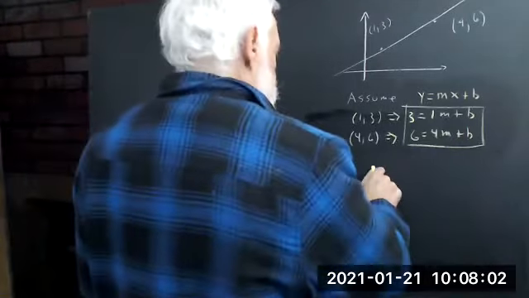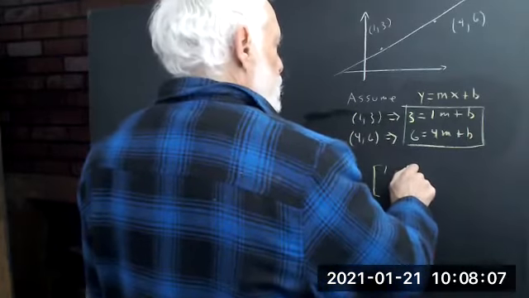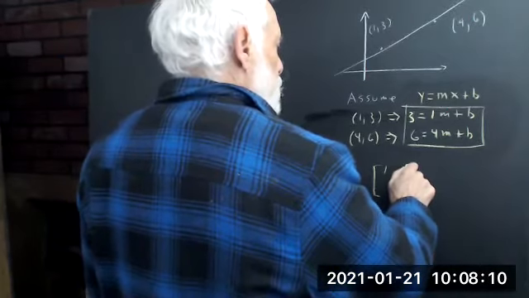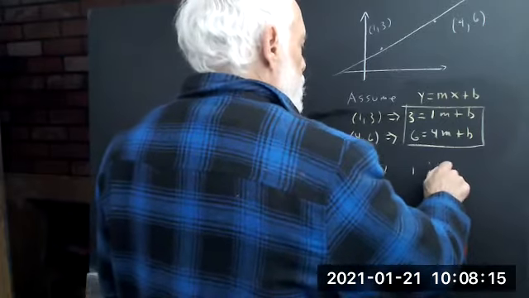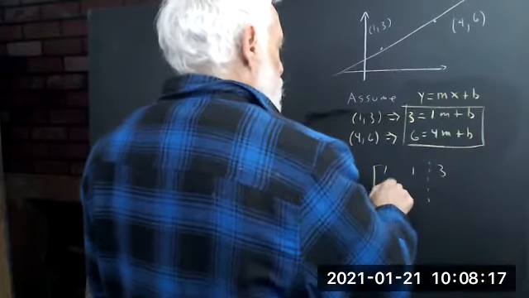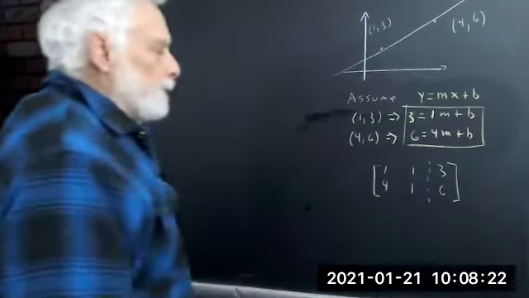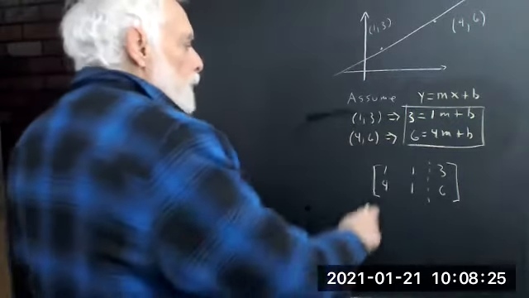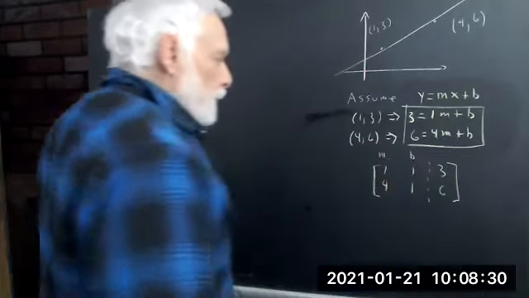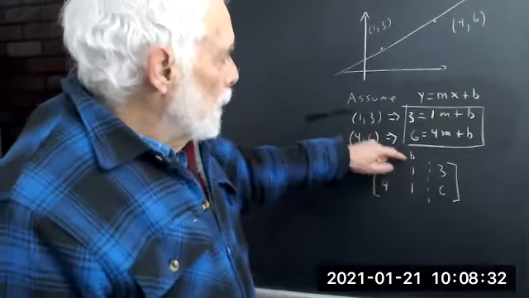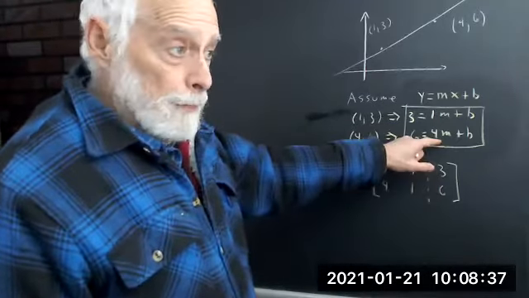We can write that system as a matrix with rows 1, 1, 3 and 4, 1, 6, where this column represents your M and this column represents your B. So it's 1M plus 1B equals 3, 4M plus 1B equals 6.